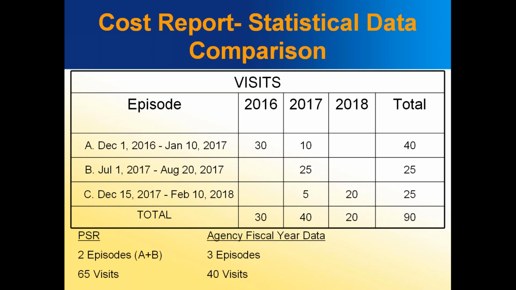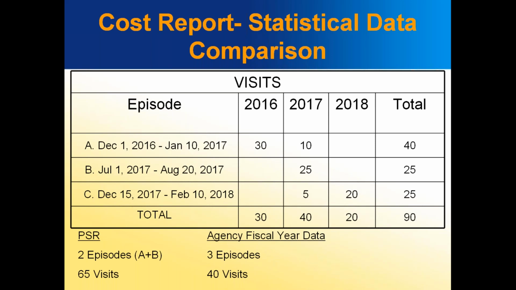So under this grid, we're looking at the service date, not the episode range, not the payment date, but the date of the visits that they occurred. So on your PS&R information, because A and B ended in 17, it will record 2 episodes, and it will record the 65 visits, the total visits for both of those episodes.